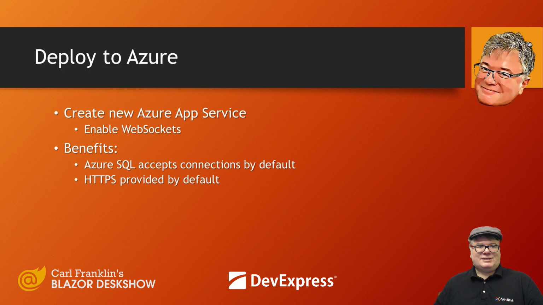If you're deploying a server-side app, a Blazor server app, to Azure, you have to enable WebSockets. Make sure that's enabled. And I checked, if you just do it from Visual Studio, if you publish and create a new app service, on a Blazor server application, it will actually enable WebSockets for you. It's that smart. But if you're doing it to an existing slot, then you have to watch out for that.